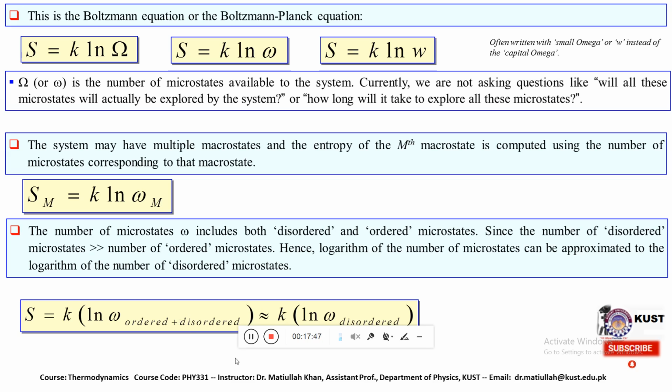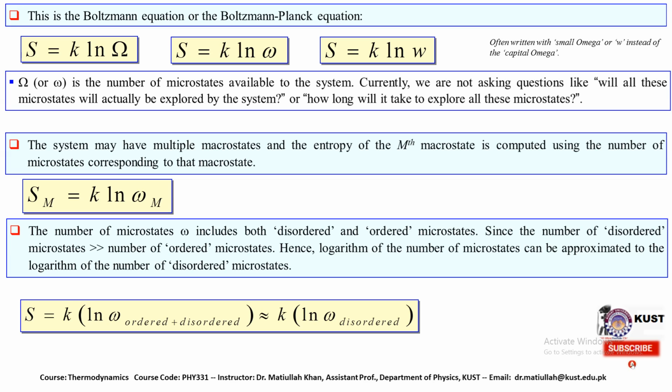So this is what we call the total entropy of the system, represented by S_m = k ln Ω_m. Another important quantity is the capital S, equal to k ln of Ω_order plus disorder, which is almost equal to k ln Ω_disorder, and this basically describes the number of microstates including both disordered and ordered systems.